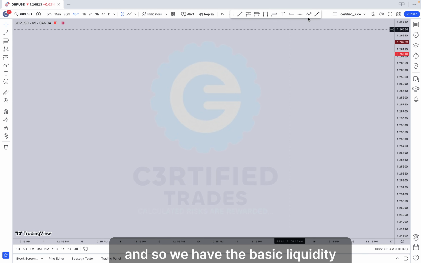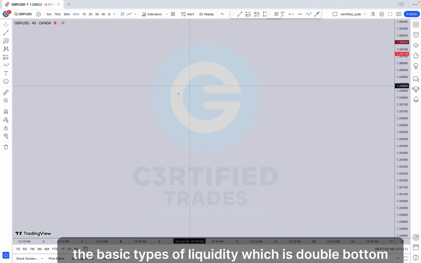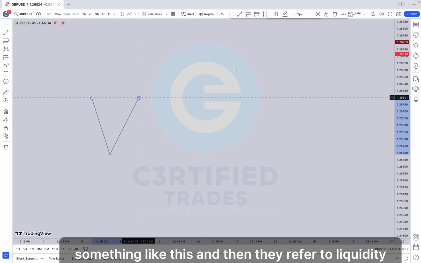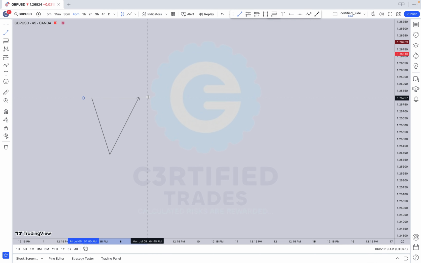We have the basic types of liquidity, which is a double bottom, something like this, and then they refer to it as liquidity.